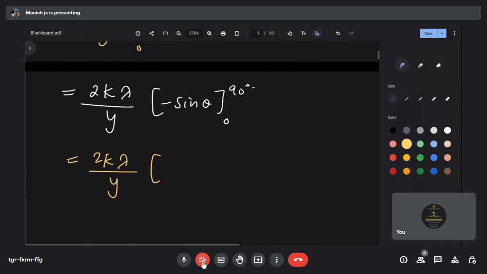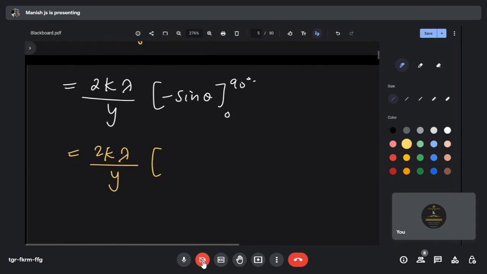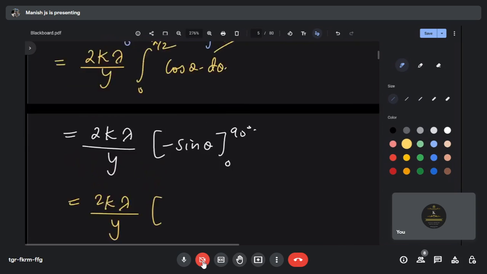What is the upper limit? Pi by 2, which is 90. So sin 90. How much is sin 90? Sin 90 is 1. But let us check the integration of cos.